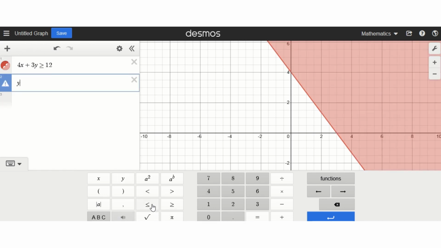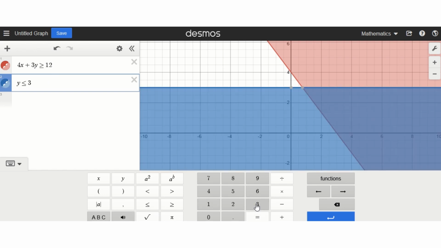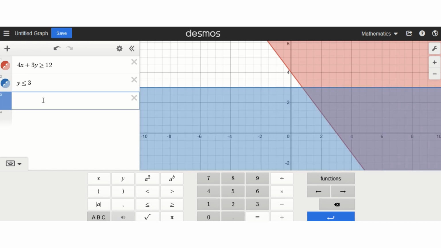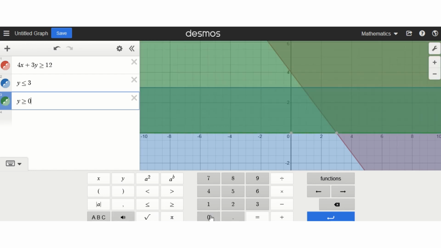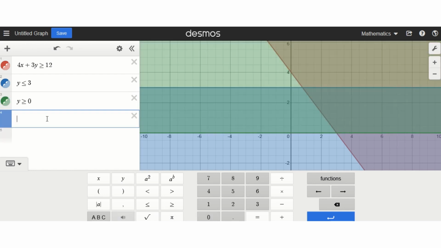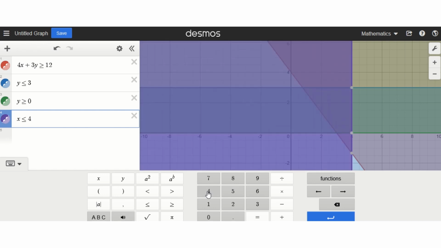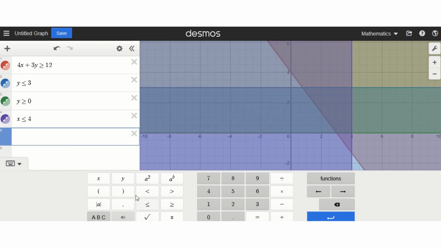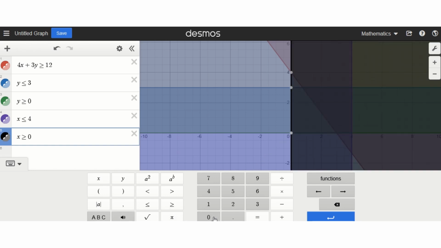Second is y less than or equal to 3. Next is y greater than or equal to 0, which is your positive x-axis. Next is x less than or equal to 4, which is your vertical line on the right side. And then the last one, x greater than or equal to 0, which is your positive y-axis, first quadrant.